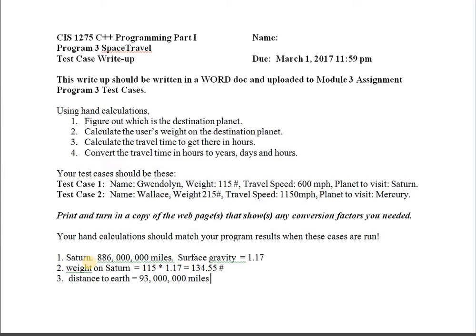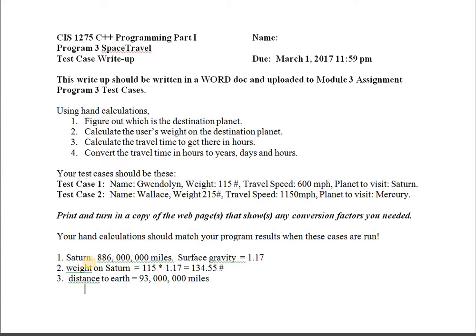Okay, so we know how far it is from the Sun to the Earth, and we know how far it is from the Sun to Saturn, and so the difference between the two of them will be how far it is from Earth to Saturn.